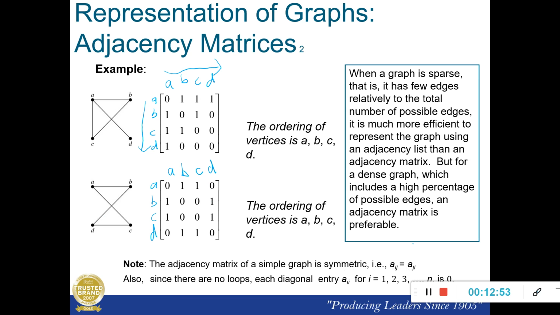The adjacency matrix of a simple graph is symmetric: a_ij is equal to a_ji. What does that mean? Let's say a_12 is equal to a_21. If you see this, this is a_11, a_12.